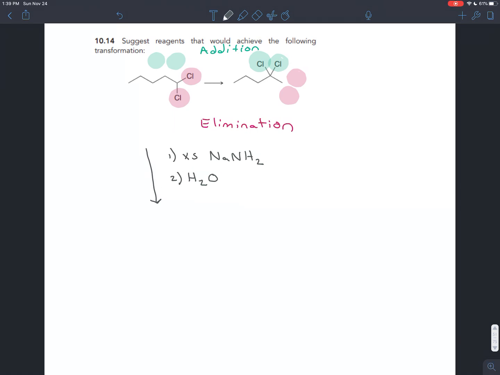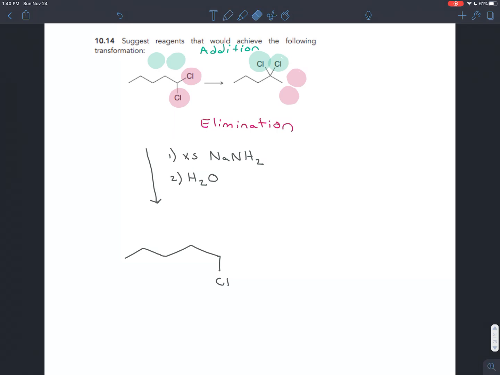And that will create two pi bonds. Remember, when you eliminate a leaving group, you create a pi bond. Elimination is a way to create pi bonds. So after the first elimination, you would still have those 5 carbons. You would have 1 pi bond and 1 chlorine. After the second, actually let's just do this so you could see this in real time.